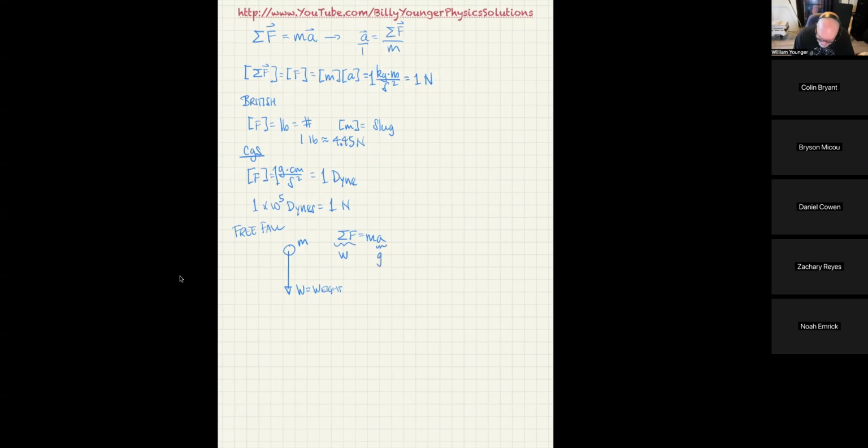Yeah, it's the g that we use, right? 9.8 meters per second per second. So that's really what that is. So now, according to Newton's second law, we've got weight is equal to mg, and that's exactly right. That's the formula for weight. An object's weight is its mass in kilograms multiplied by 9.8 meters per second every second. Make sense?